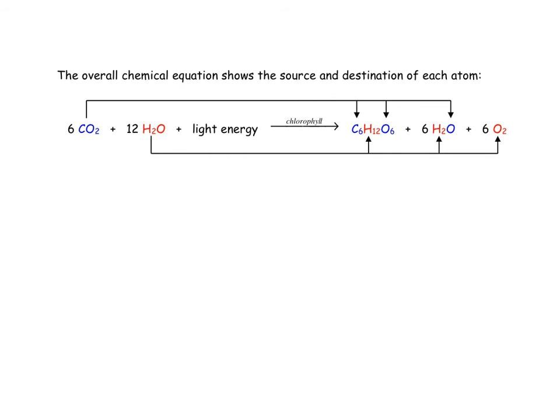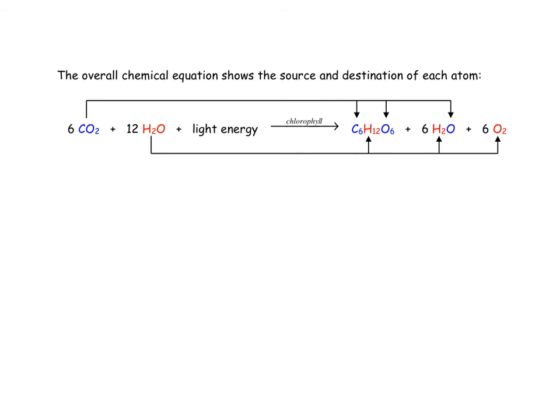I've deliberately colored the atoms based on where they end up in the process, just as an FYI, and we're going to talk more about water and oxygen's relationship. So note that when we're talking about CO2, it should make sense that all of the carbons from our 6 CO2 should end up in glucose. That seems a bit like a no-brainer.